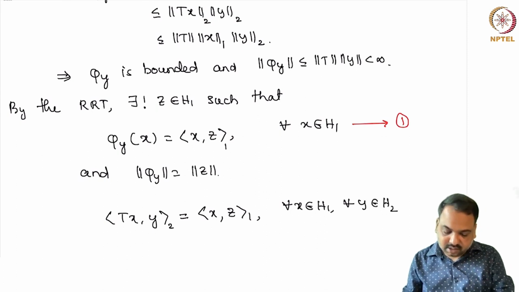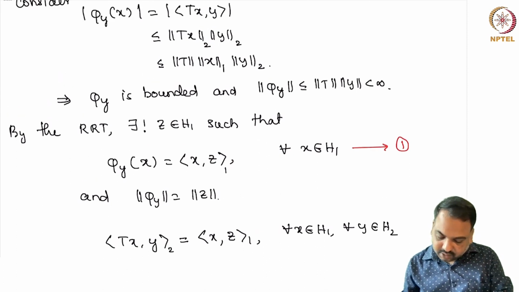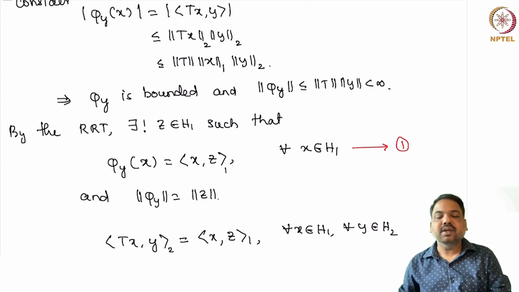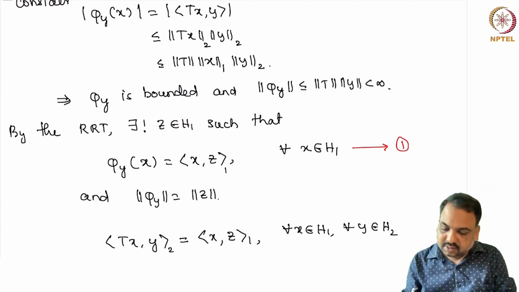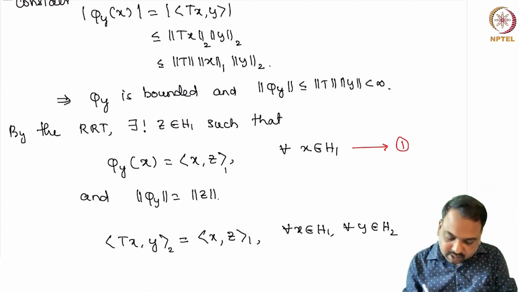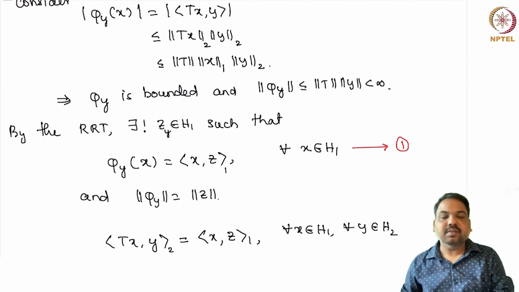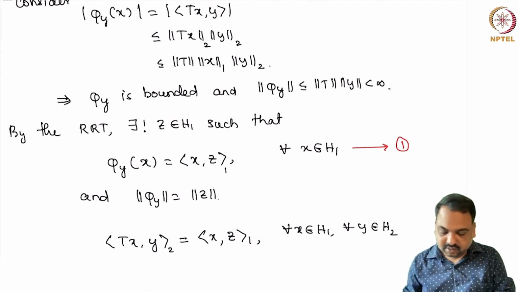The reason is that y was fixed earlier, but this process can be done for every y, and you can keep in mind that this z also depends on y all the time. Okay, so z suffix y.